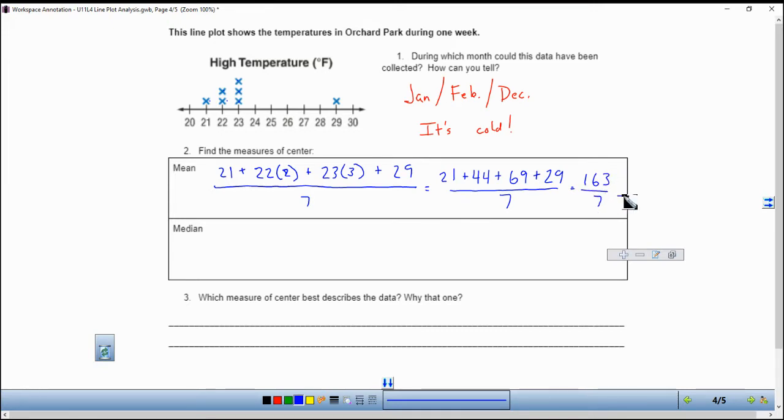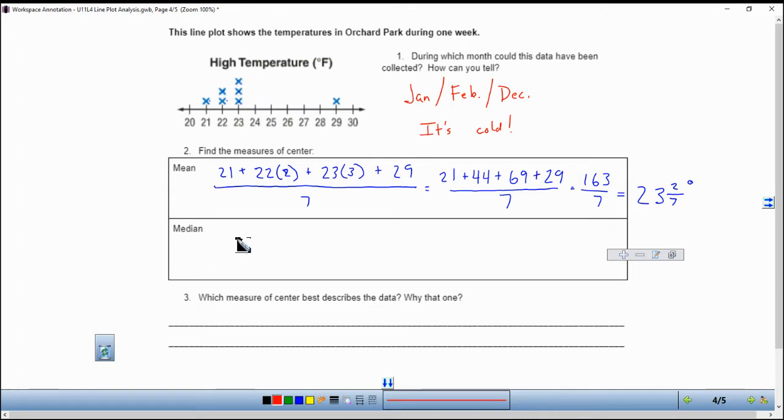Now, I know 7 goes into 140 20 times. 7 goes into 23 3 times, and there's going to be 2 sevenths left over. So it's 23 and 2/7 degrees. That would be the mean, about right here.